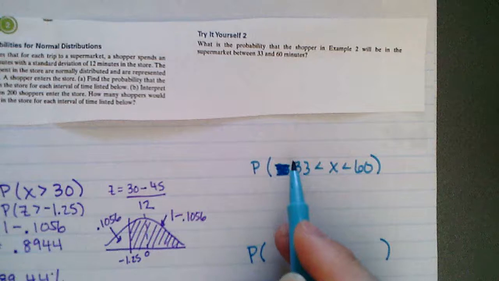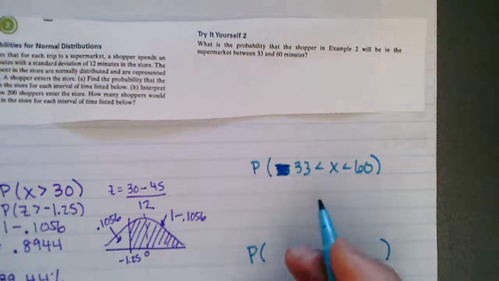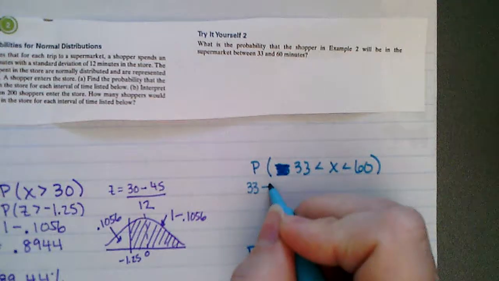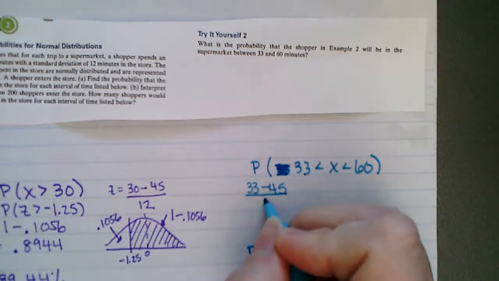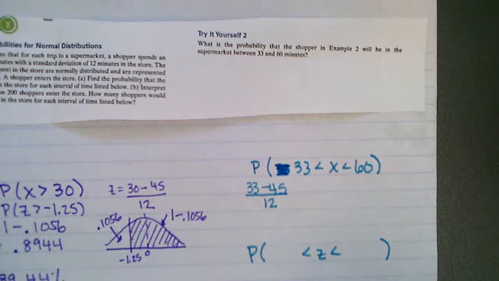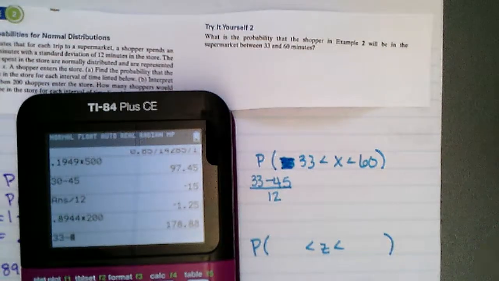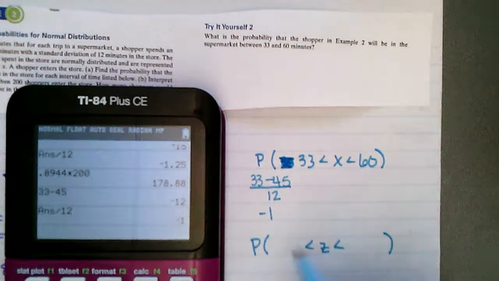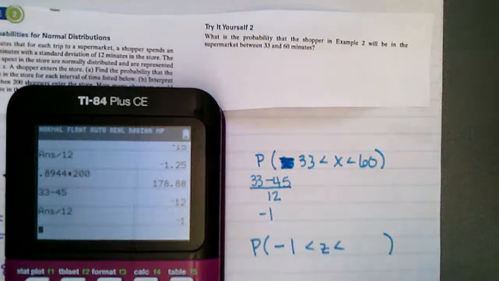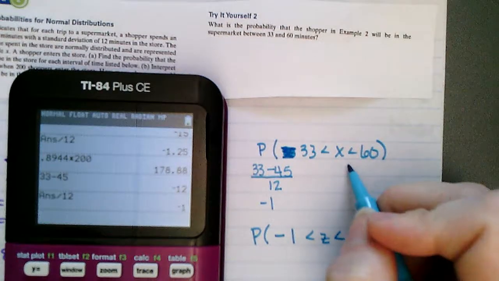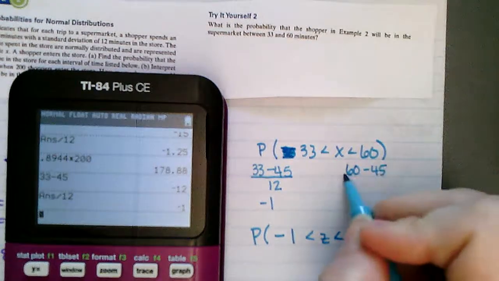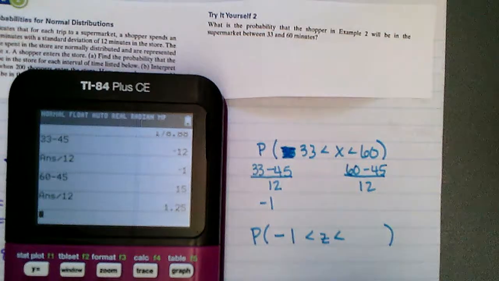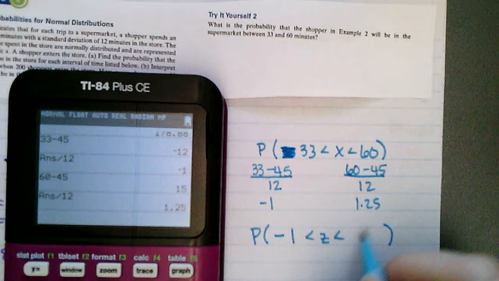I'm going to need to make 33 into a Z-score. So I'll do the data value minus the mean, which was 45, divided by the standard deviation. So 33 minus 45 divided by 12 is negative 1. So the probability that the Z-score is bigger than negative 1, but smaller than 60 minus 45 over 12, 1.25.